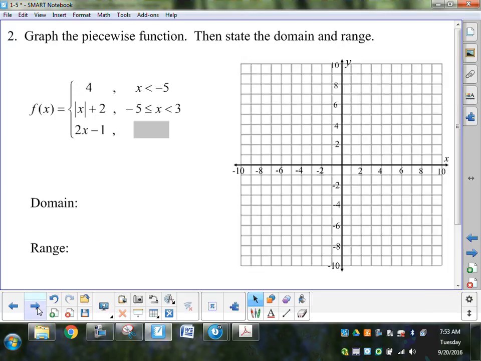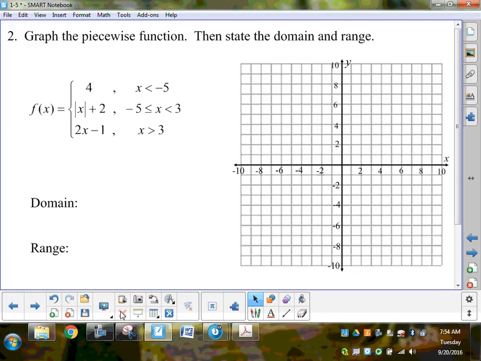Next one up, we're going to graph this out, state its domain and range. That's the piece that's missing. Now, there's actually 2 transition values in this graph. Peter, what's one of the 2 transition values in this graph? -5. And then what's the other one going to be, Jason?